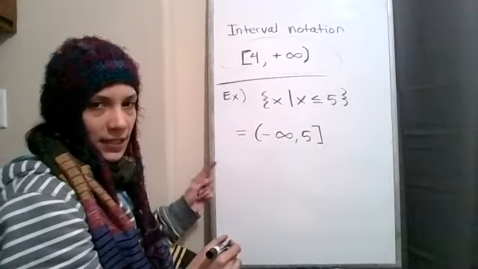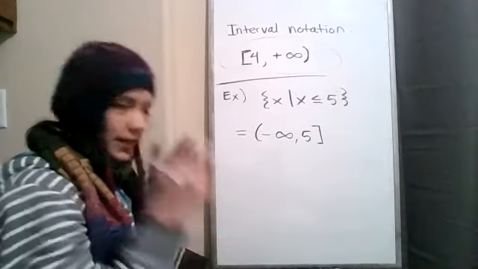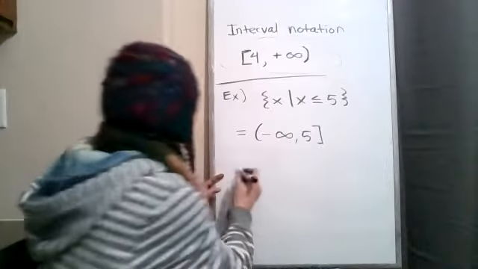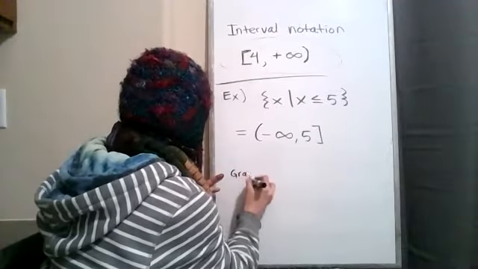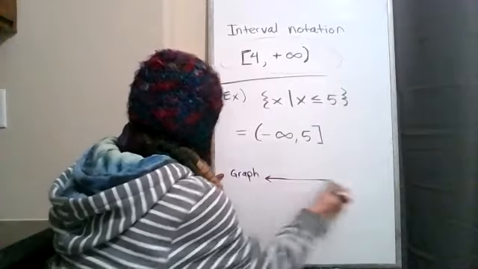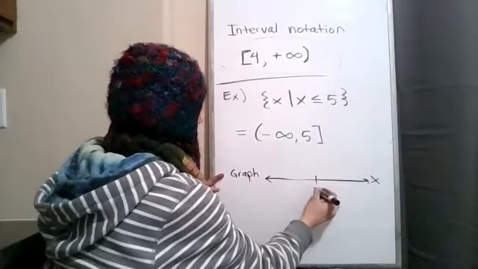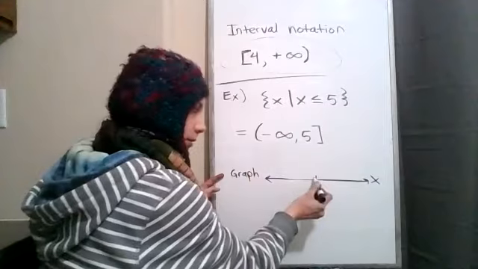And sometimes to get that set, it helps to draw a graph, like I'm trying to visualize a graph as I write this down. Okay, got 5. You can include 5.